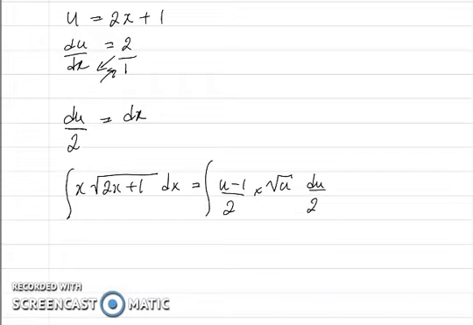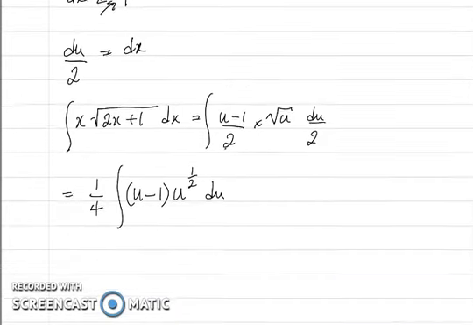All right, so this 2 multiplied by this 2 would give me 4. So I could then say that this integral is equal to 1 over 4, and I simply pull that out of the integral, (u minus 1) times u raised to the half power du.